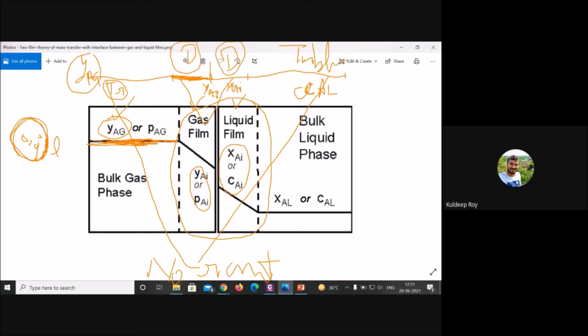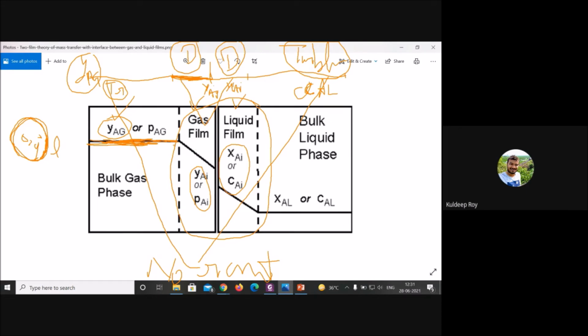Here you are saying that due to the turbulence, or you can say the mixing, the profile will be uniform, that concentration will be uniform. But due to the concentration gradient at the surface, or you can say at the interface inside the liquid film and the gas film, due to that mass transfer will occur.